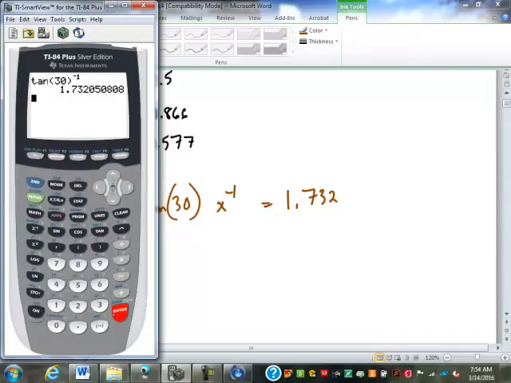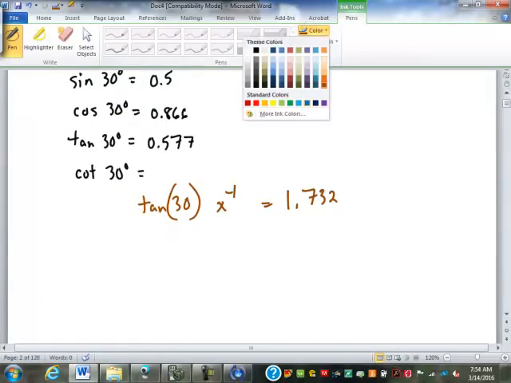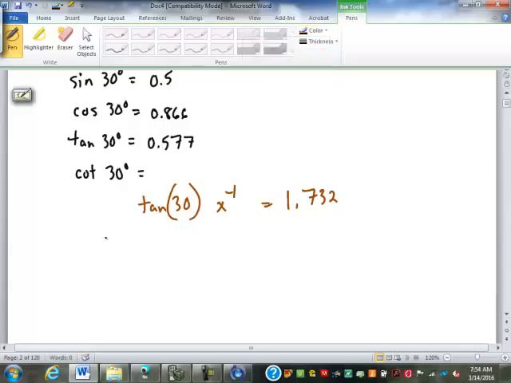You're talking about inverse tangent, you're a step ahead of us. Everybody get that to come out now to 1.732?